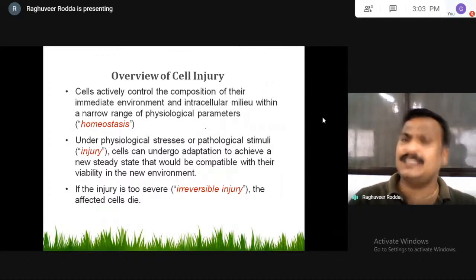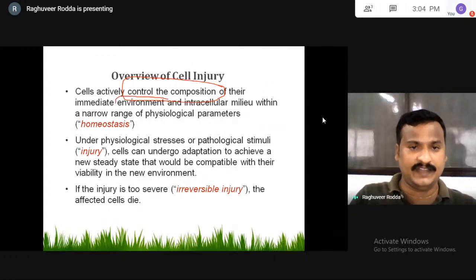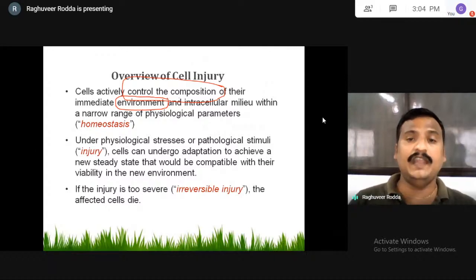To maintain the viability and to keep itself in working condition, the cells control the composition of the environment, because viability depends upon many factors.